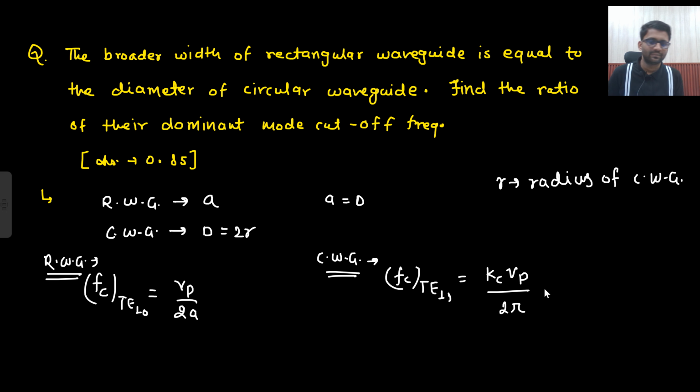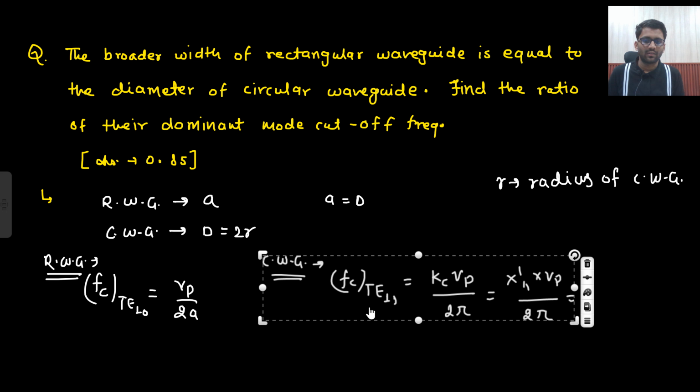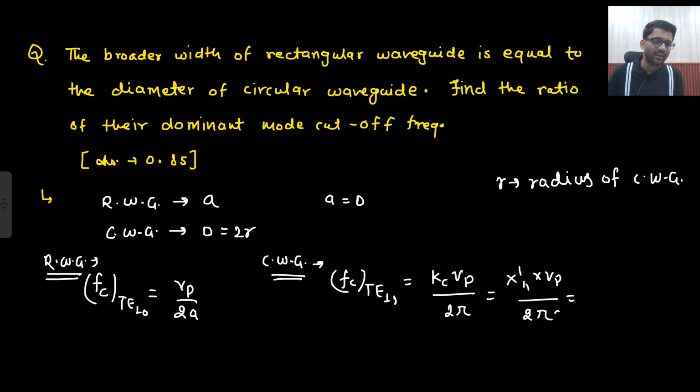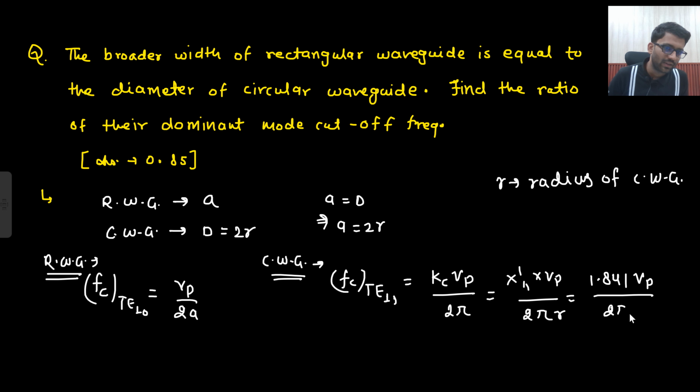So that would be x dash np, that means x dash 11 into Vp divided by 2 pi, and here a is not there, here it is r. So a is equal to d, or you can say a is equal to 2r. What is the value of x dash 11? That is 1.841, which I usually remember, into Vp divided by 2 pi. And what is the value of r? R is a by 2, because a is equal to 2r, diameter is equal.